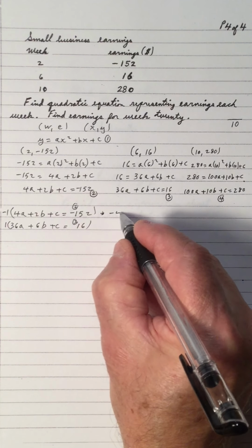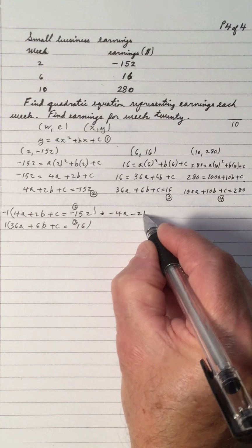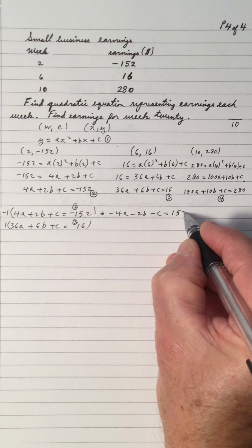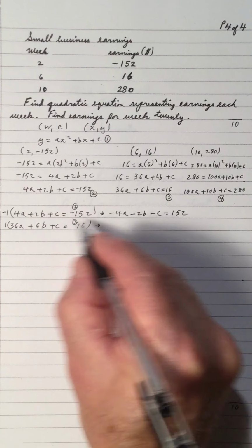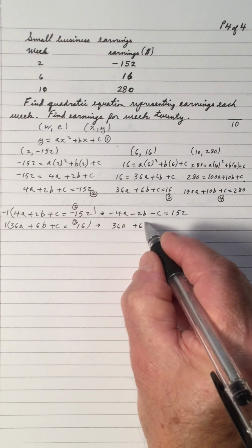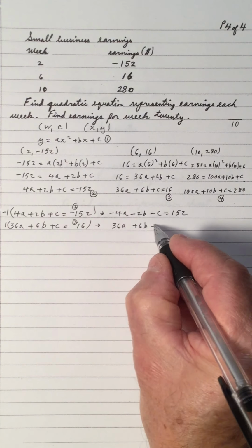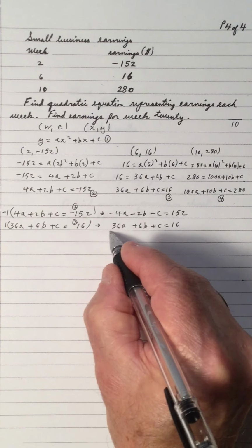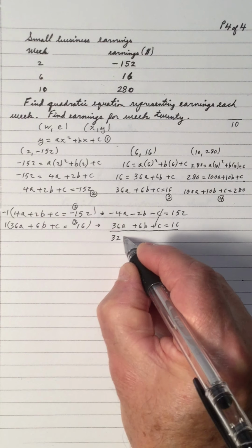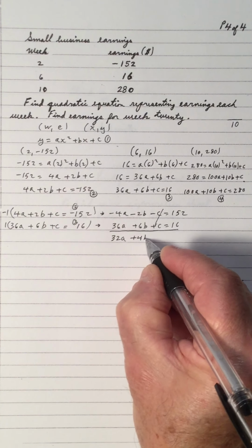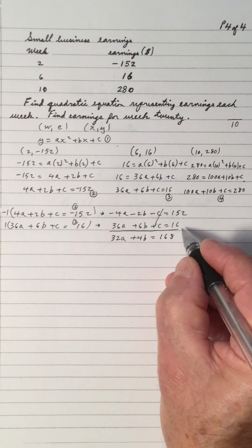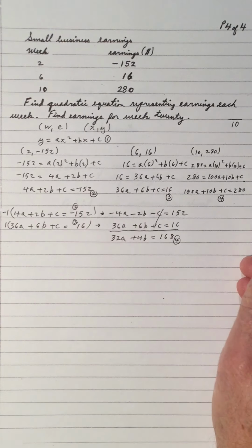That gives us negative 4a minus 2b minus c equals 152. Multiplying by 1 gives you 36a plus 6b plus c equals 16. Draw a line, add them up, c's cancel out, and I get 32a plus 4b equals 168. And this is equation 4.